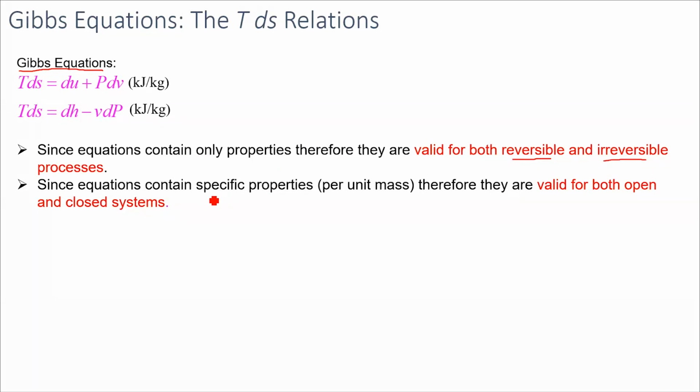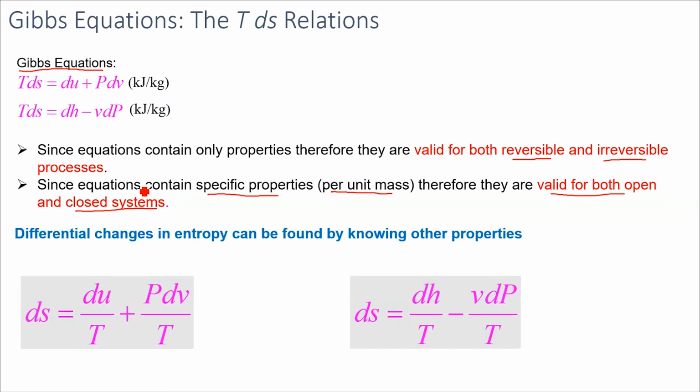And since the equations contain only specific properties, that is per unit mass properties, they are valid for both open and closed systems. If I want to find the differential change in entropy, we can find it by making ds the subject of the formula, dividing both terms by T. The first expression is where change in entropy is equal to du over T plus pdv over T, and the second expression is where change in entropy equals dh over T minus vdp over T.